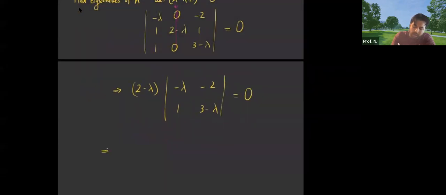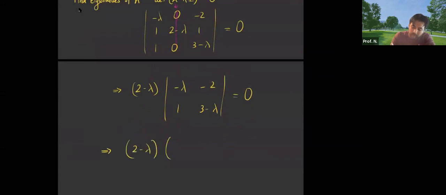And it looks like we've done something like this before, right? We can do a row column expansion on the second column. And this becomes 2 minus lambda times the determinant of negative lambda, negative 2, 1, 3 minus lambda equals 0. This is 2 minus lambda.